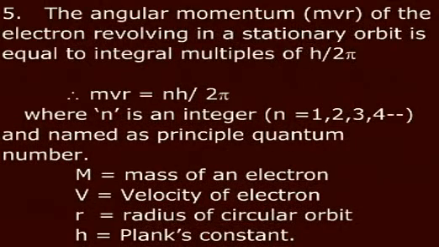The angular momentum of the electron revolving in a stationary orbit is equal to integral multiples of h by 2π. Therefore, mvr = nh/2π, where n is an integer and named as principal quantum number. m is equal to mass of an electron, v is equal to velocity of electron, r is the radius of circular orbit, h is equal to Planck's constant.